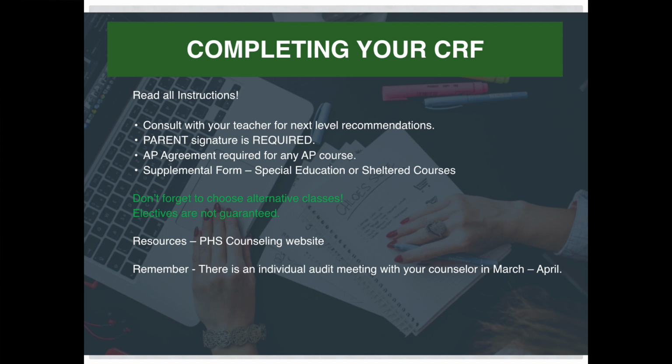There are supplemental forms for students who are an ELL or English language learner or are in special education courses. One last word of advice: don't forget to select alternate classes. This is especially important for electives because they are not guaranteed.